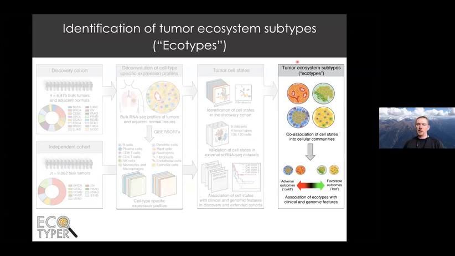So people define ecosystems and ecotypes differently depending on the context. And in particular, I think if you can bring in a spatial aspect as well, to talk about whether particular cell types are in proximity and interacting with each other, that's another way of defining an ecosystem or ecotype. Just for the purposes of this, we're looking just at co-association of the presence of specific cell states within particular tumors.